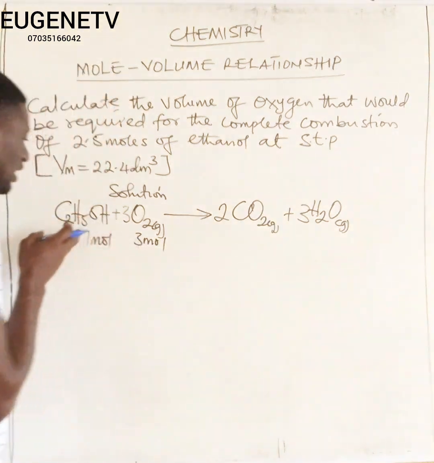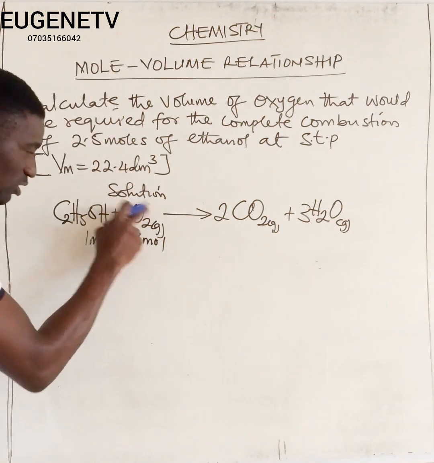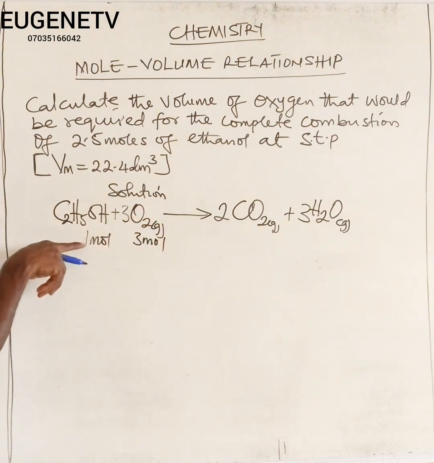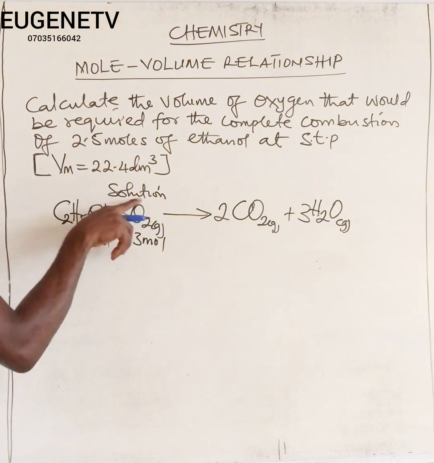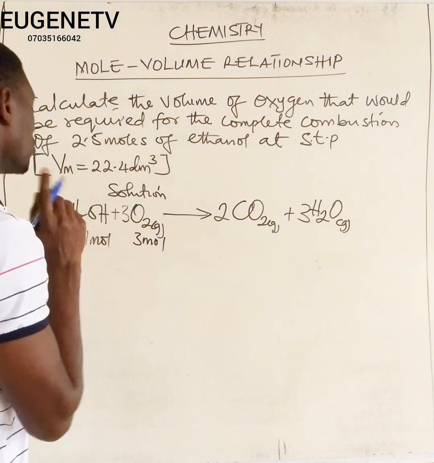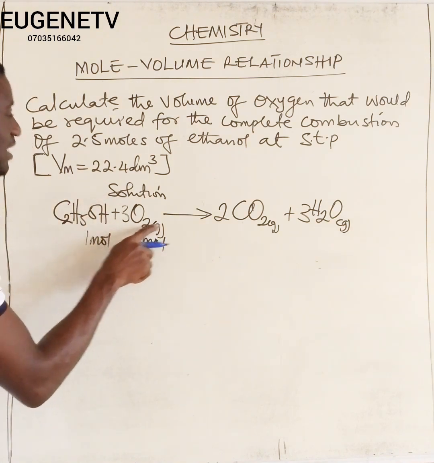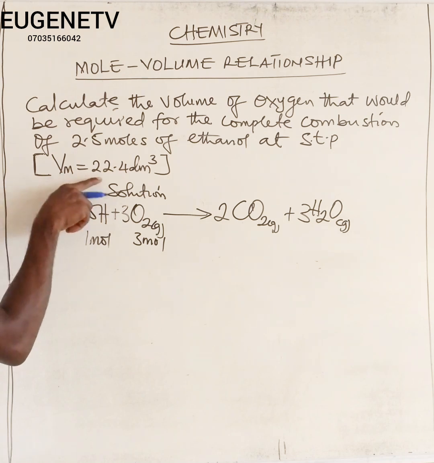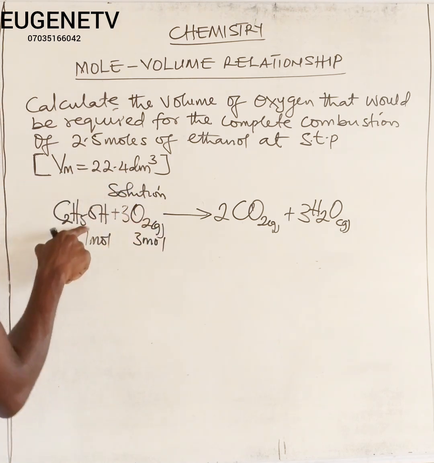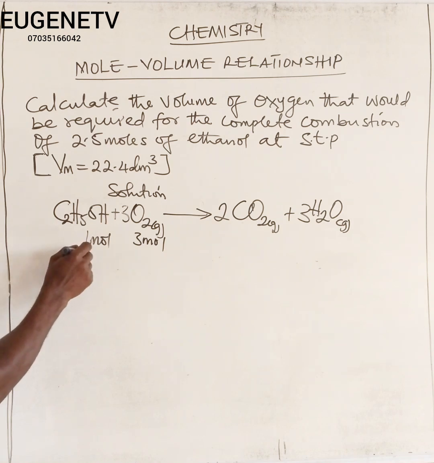So everything will be centered around ethanol and oxygen. From the balanced equation, 1 mole of ethanol requires 3 moles of oxygen for complete combustion. Now, we know that 1 mole of any gas at STP is going to occupy a volume of 22.4 dm³.